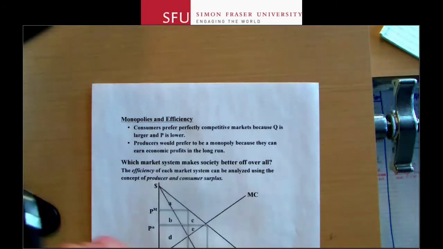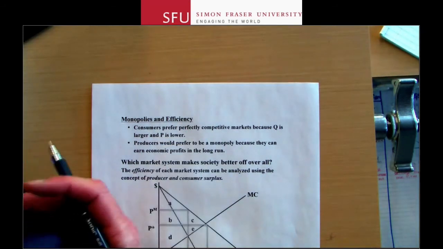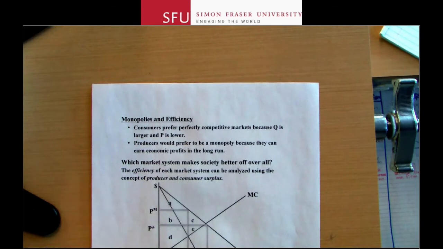Now, the deadweight loss that you learned about before was caused by taxes, quotas, price controls, all the things that would decrease the quantity. Is a monopolist decreasing the quantity? Yeah. They're charging higher prices and selling smaller quantities. That's exactly what they're doing. So there's going to be deadweight loss.